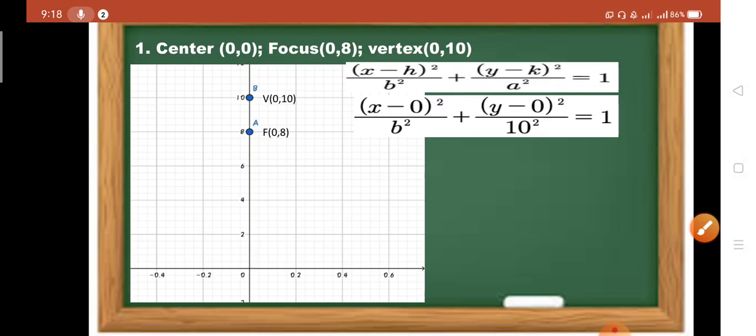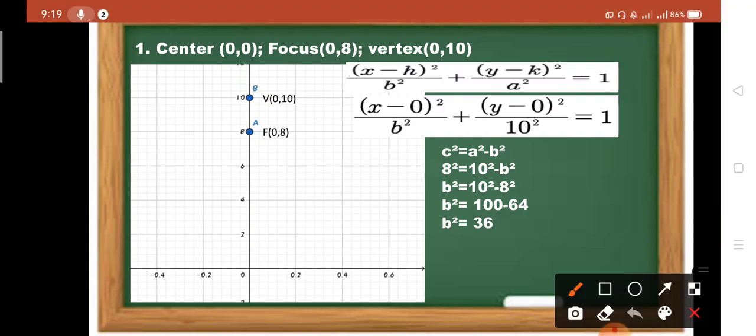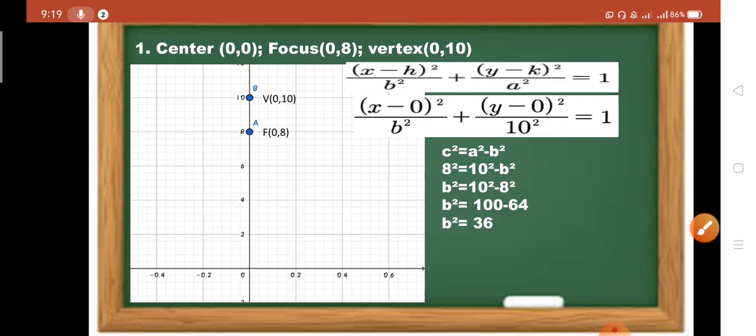We need to find the value of b squared. In order to find the value of b squared, we need to use the formula c squared equals a squared minus b squared. Our c is the distance from 0 to the focus, which is 8, and our a is 10.